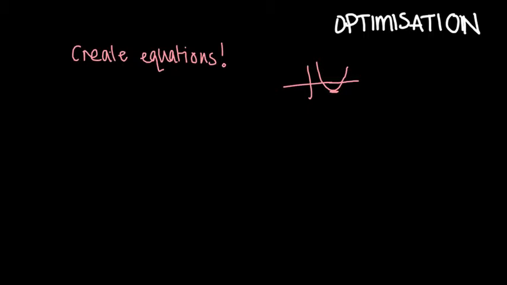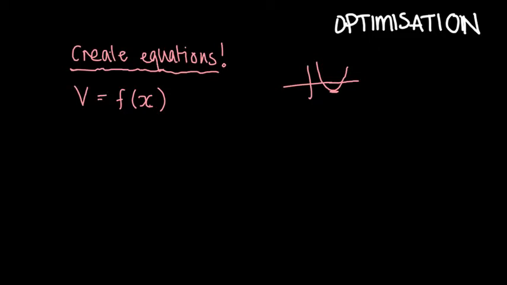That means my final equation, the optimising equation, needs to be in a single variable. So it needs to be something like the volume is equal to a function just in terms of the length, which might be x. So it can't have heights and widths and all sorts of other variables. It has to just have a single variable, which is where these additional equations become so useful, because I can use them to get rid of any additional variables that I might have.